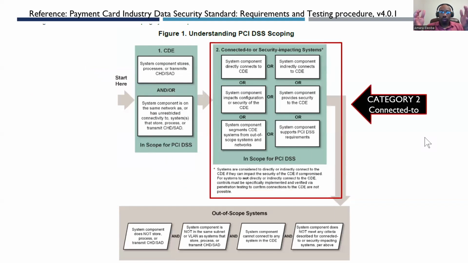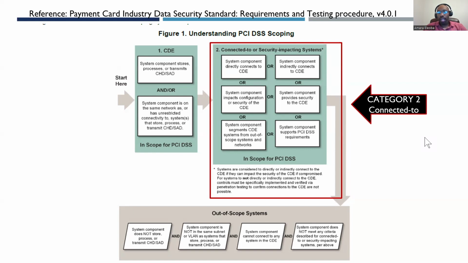Your category 2 is what we call connected-to. Any system that is connected directly to your CDE, which is your category 1, or any system that is connected indirectly to your CDE is also category 2.